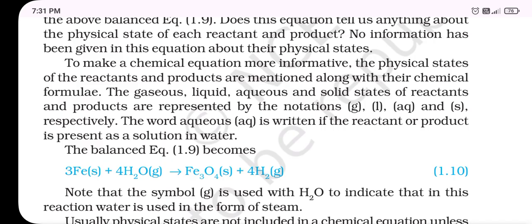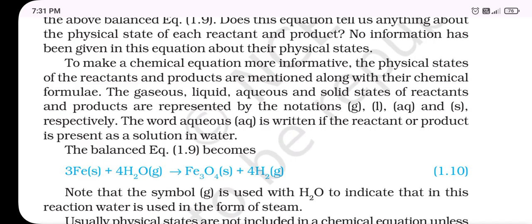If I told you sulfuric acid solution, water is also present, that's why it's an aqueous form.